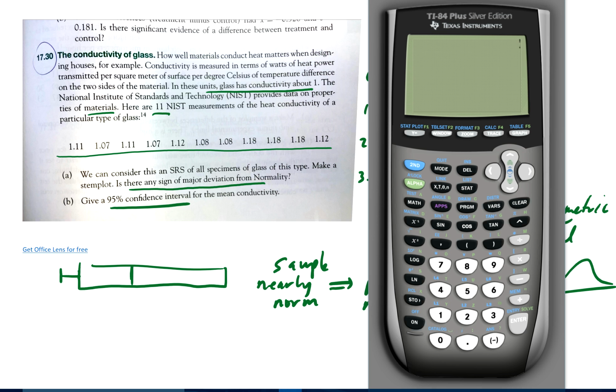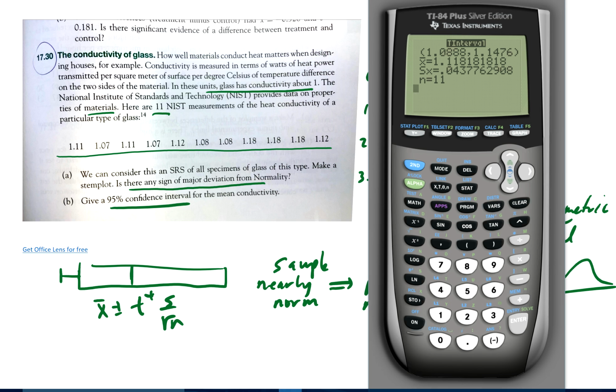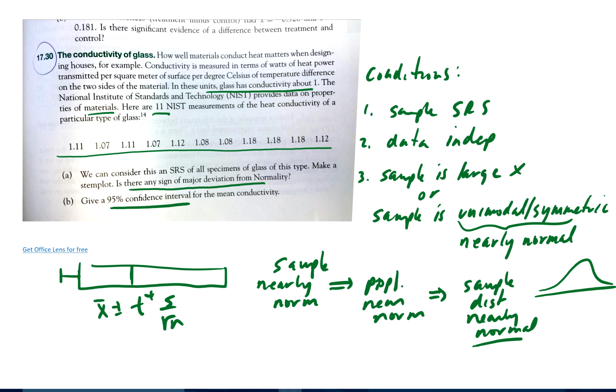Calculate. So it's going to be x bar plus or minus t star s over square root of n. And so it's going to be 1.09 to 1.15.